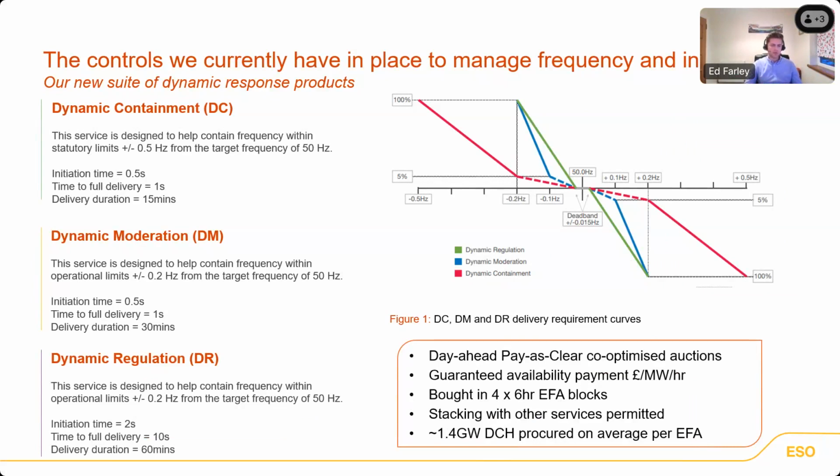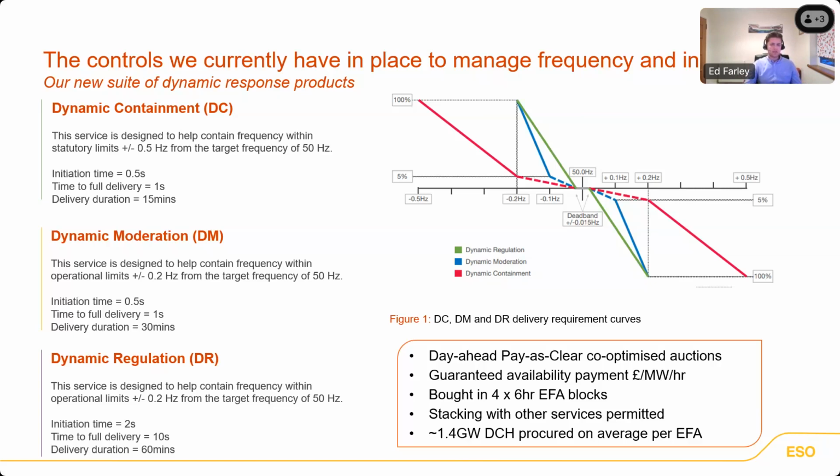The more inertia that you have, the slower the rate of change of frequency, typically the less quick frequency response you have to hold. And the inverse is true. So as we've seen in the earlier slides, the general trend of decarbonisation, increased penetration of non-synchronous resources, we've seen lower inertia, we've seen frequency disturbances happen quicker and of greater magnitude.